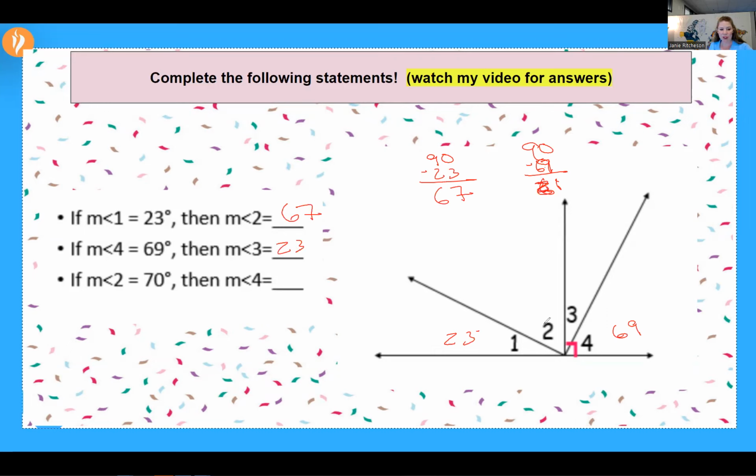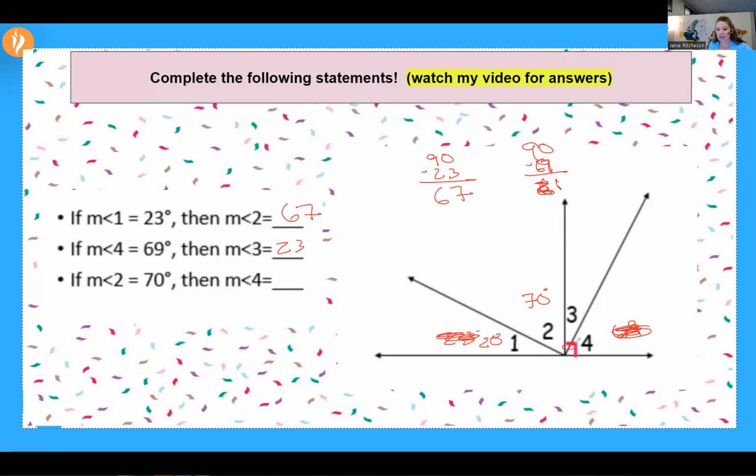All right, the measure of angle 2, if that's 70, it's asking what is the measure of angle 4? If the measure of angle 2 is 70, so these are now not accurate. Okay, so if this is 70, that means, I don't know, this has got to be 20, right?